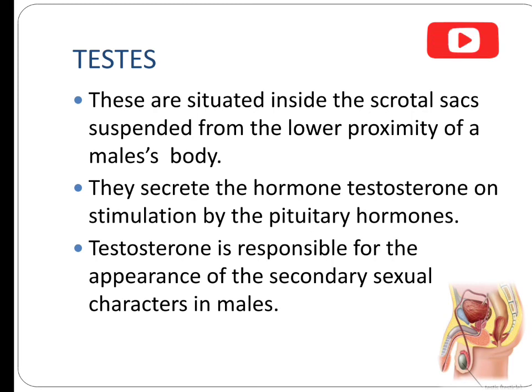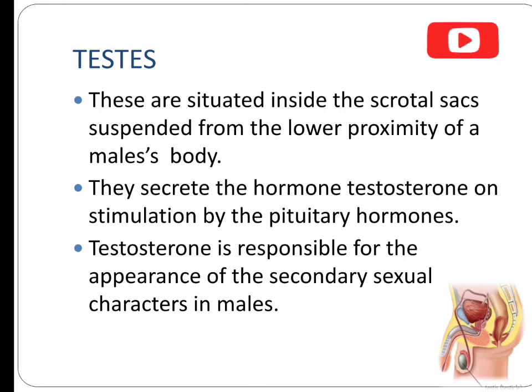So the pituitary gland secretes the growth hormone. Then the thyroid gland secretes thyroxine. Then the adrenal gland secretes adrenaline. Then the pancreas secretes insulin. Ovaries secrete estrogen and progesterone, and the testes secrete testosterone.